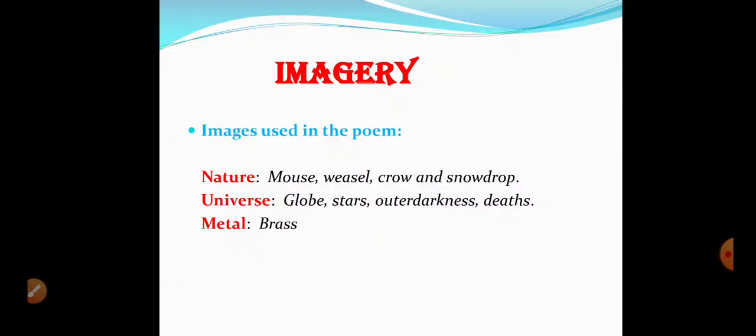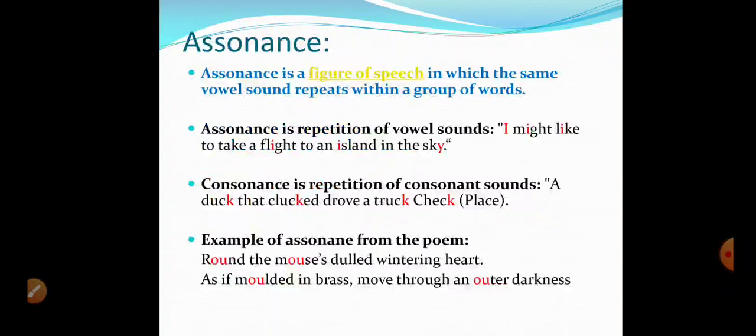Then from the universe we have certain images like globe, stars, outer darkness and death. Then the poet has mentioned metal, brass. So these are certain things that name objects, and once they are mentioned we start viewing and imagining these things. We simply call this imagery.